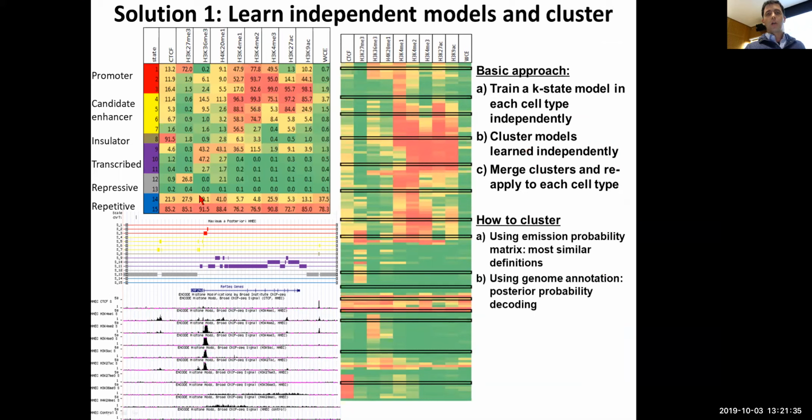This is learning a 15-state model using 9 marks in each of 9 different cell types, and then asking, how often did I capture each of the chromatin states? Here, what I'm showing you is the emission vector, the states effectively, for each of those.